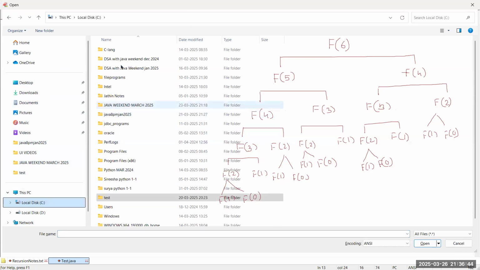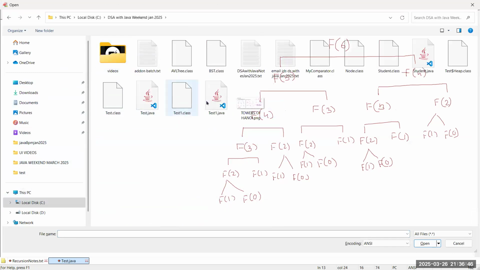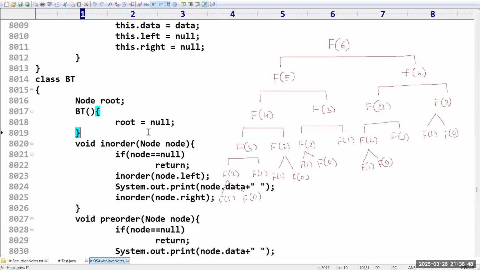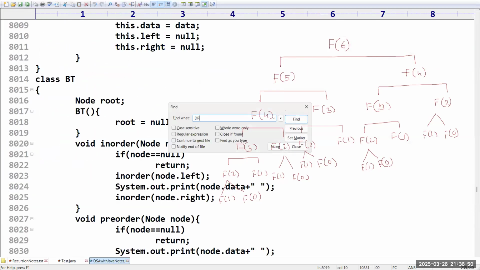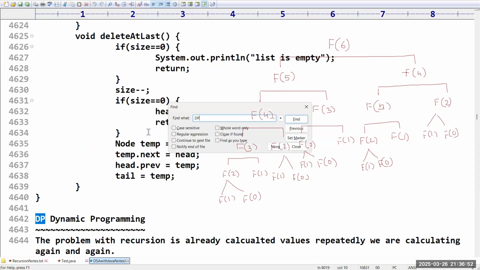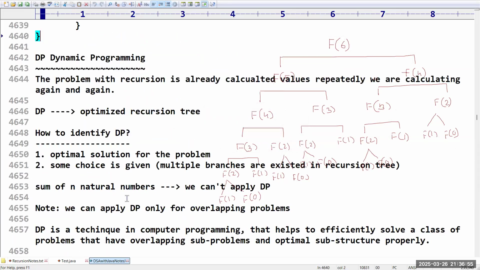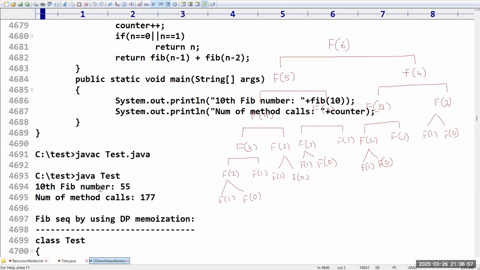I want to show you one small program. You can see, in general, if you want to find the 10th Fibonacci number, how many method calls do we make? 177 method calls.